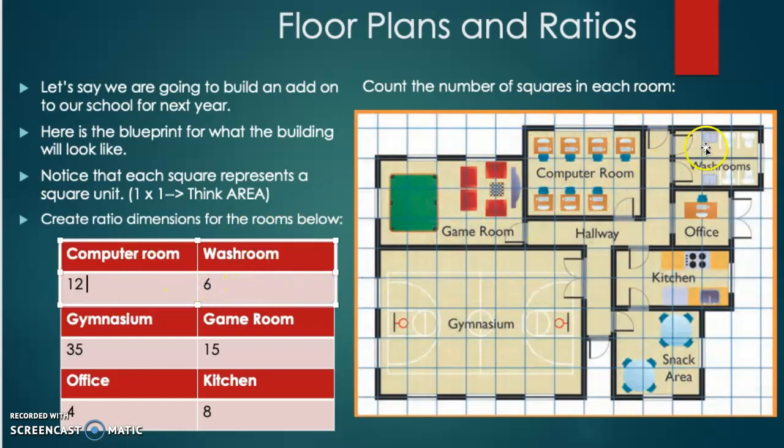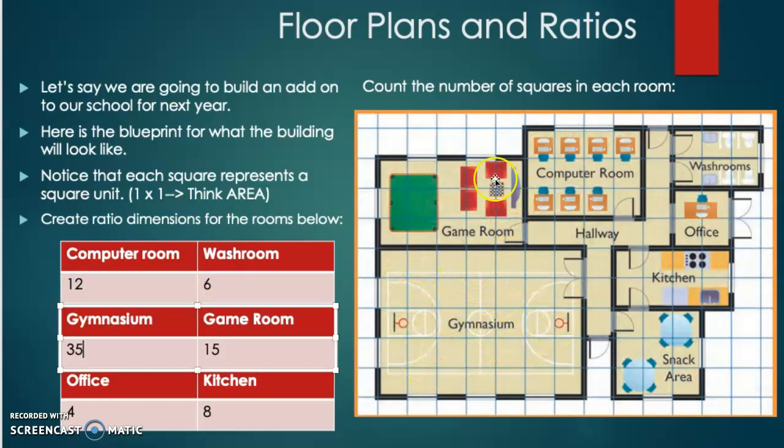The washroom has 6 squares. That means the computer room to the washroom is a 12:6 ratio. For every 6 squares of washroom, you need 12 squares. In our gymnasium, we have 35 squares. In our game room, we have 15 squares. So the ratio for the gymnasium to the game room is 35:15. The office is 4:8 of the kitchen.